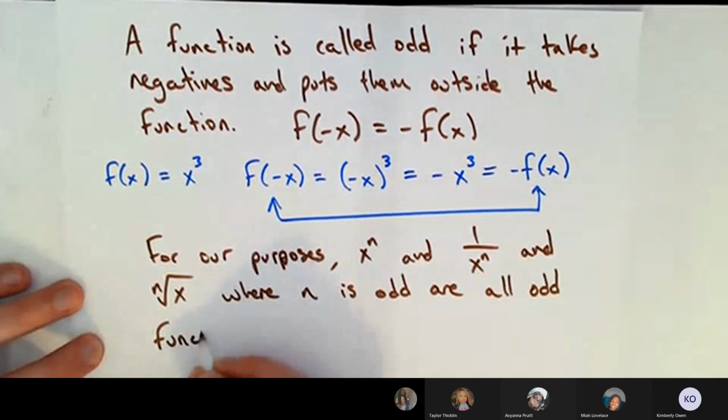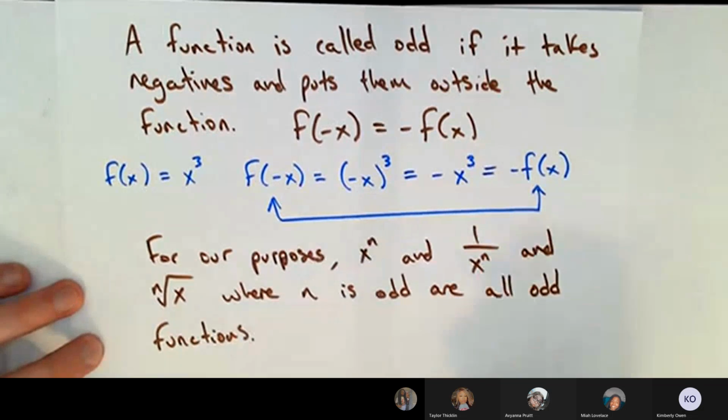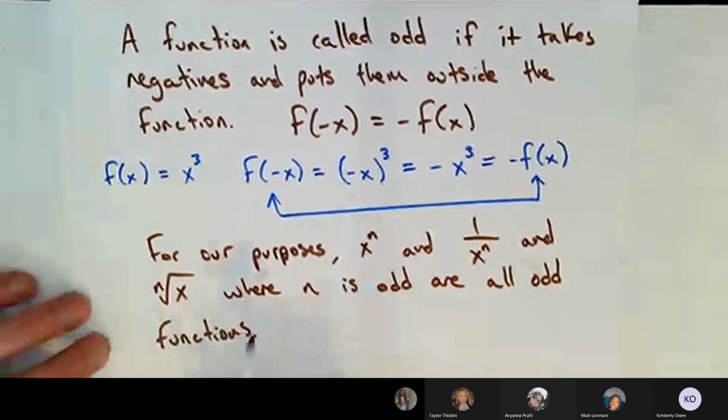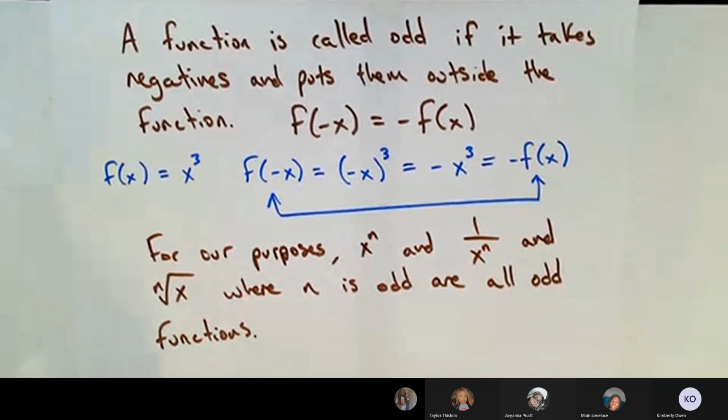So like x cubed, or maybe 1 over x cubed, or maybe just 1 over x, right? Because 1 over x, in that case, n would technically be just 1, which is odd. Or maybe a cube root of x. Those are all going to be odd functions because n will be odd.